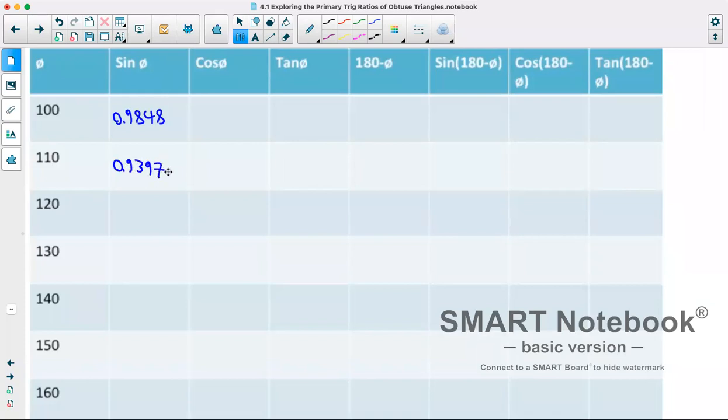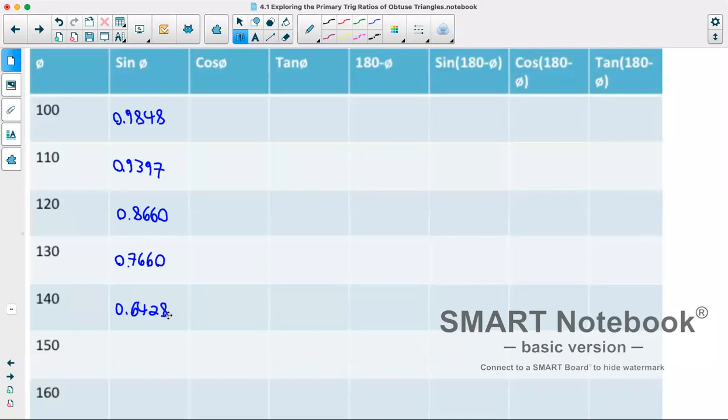Sine of 120 is 0.8660. Sine of 130 is 0.7660. Sine of 140 is 0.6428.